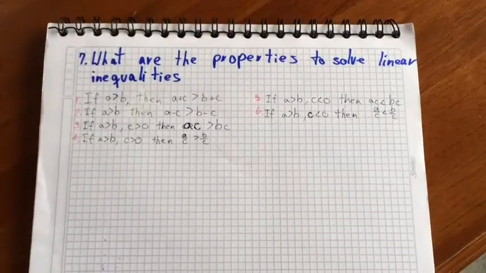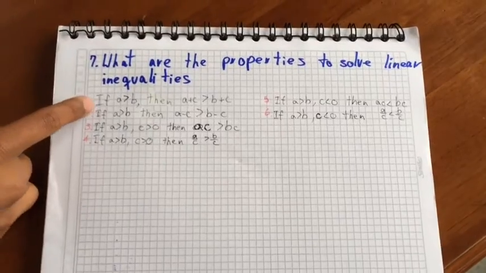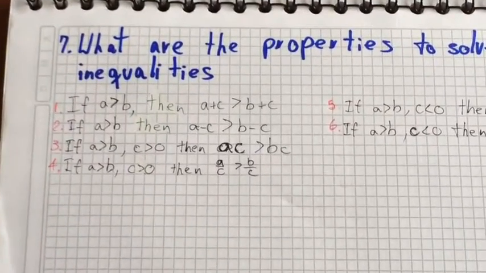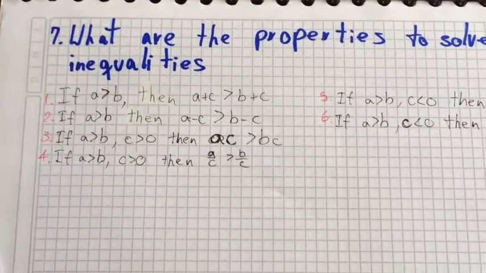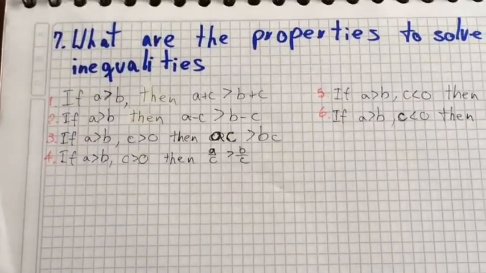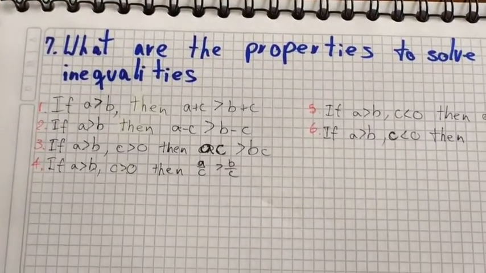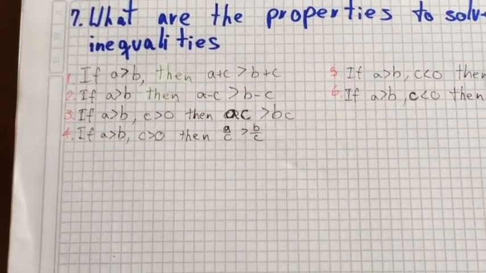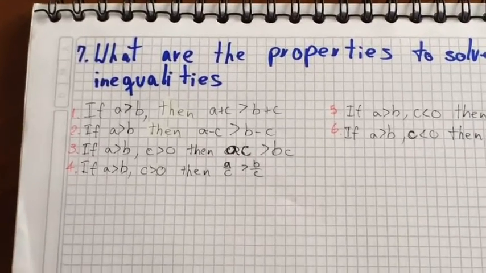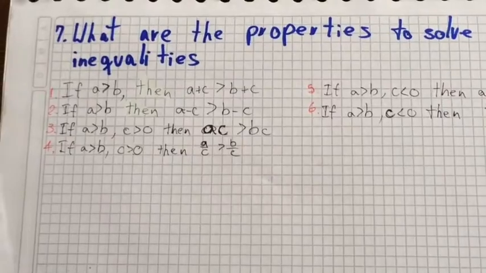The 11th question is what are the properties to solve linear inequalities? So the first, if a is greater than b, then a plus c is greater than b plus c. 2. If a is greater than b, then a minus c is greater than b minus c. 3. If a is greater than b and c greater than 0, then a times c is greater than b times c. 4.